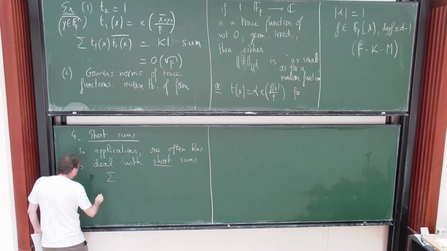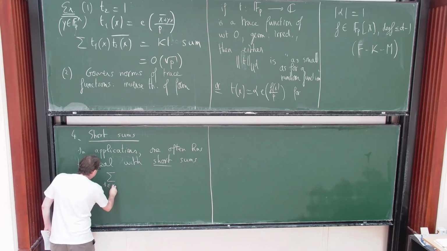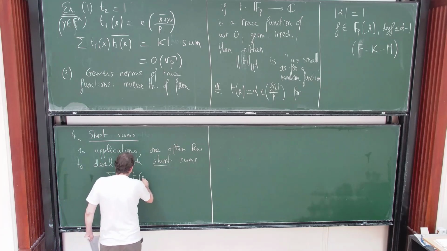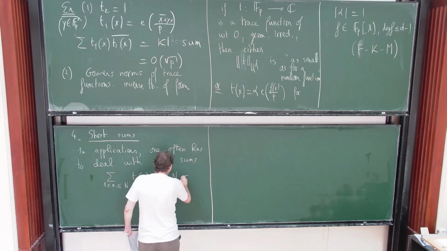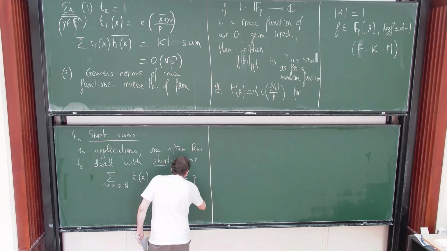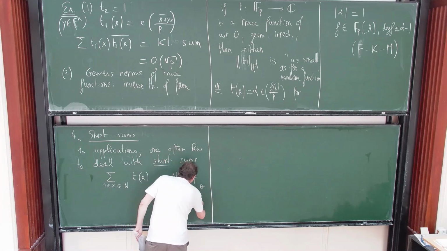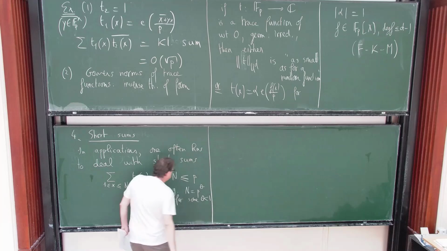Say, in the case of F_p, you would sum over x between 1 and some parameter n of the trace function, where n is at most p, and the typical case is n is a fixed power of p, where the exponent is strictly less than 1.